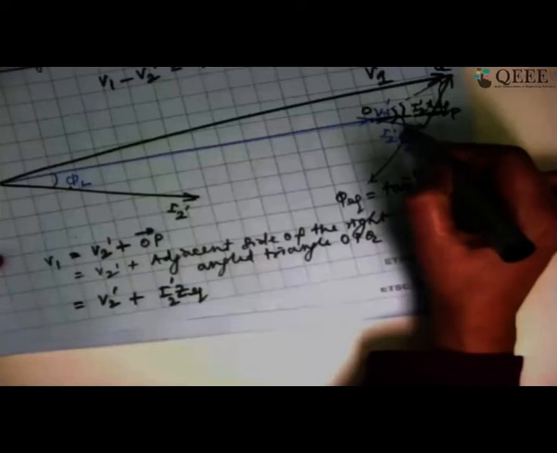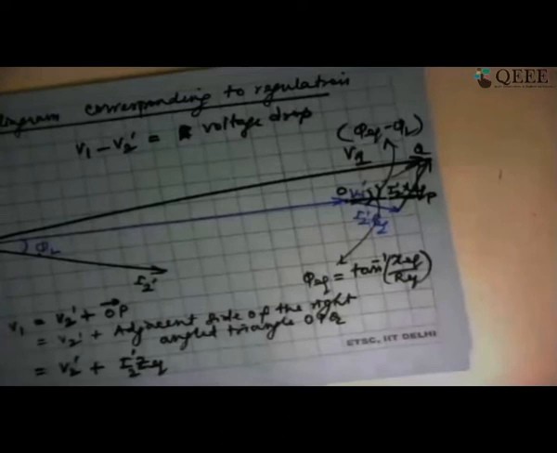So the adjacent side will be determined by this angle. This is phi L, this is phi equivalent, so I can call this phi equivalent minus phi L. That angle is phi equivalent minus phi L. So I can write this as I2' Z equivalent cos of phi equivalent minus phi L. Okay.